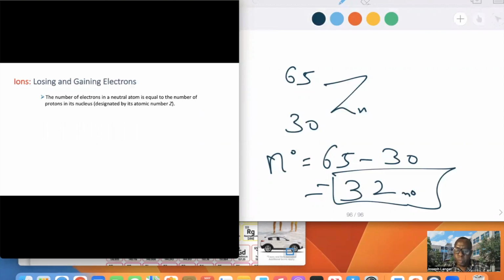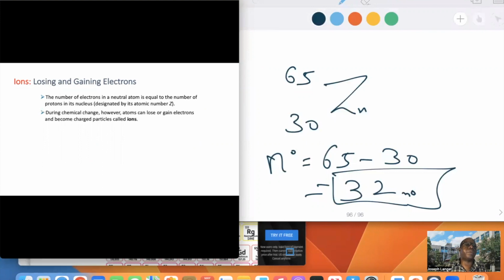When a neutral atom loses electrons, they end up being positive. For main group elements, losing an electron means they end up being cations.